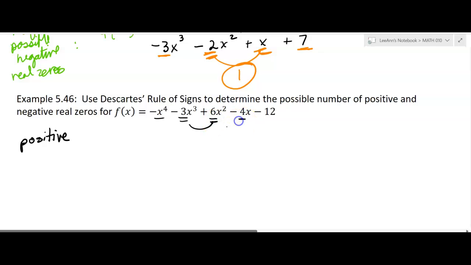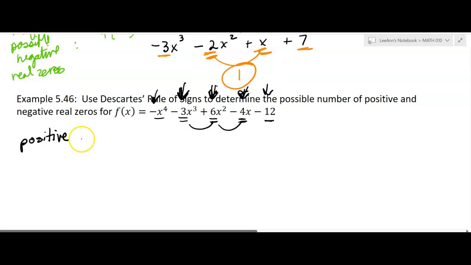Positive, negative, change. Negative, negative, no change. So what I'm looking at is the coefficients. -1 to -3, no change. -3 to 6, change. It changed from negative to positive, right? Okay, and then +6 to -4, change. But -4 to a -12, no change.